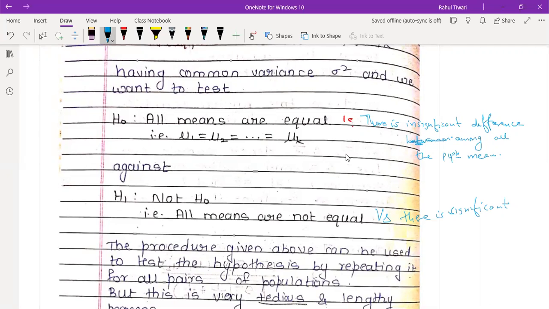Can anyone tell me why we are considering under H0 that all population means are equal? Why not under H1?